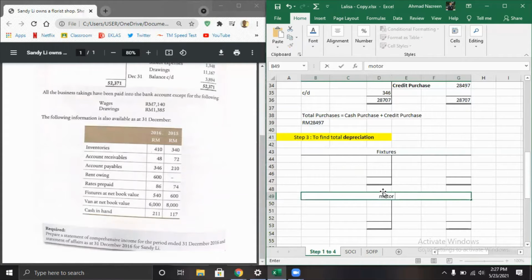For fixtures, fixtures b/d is 600. Which side? Debit or credit? Debit. The total 600 must be the same below for both sides.